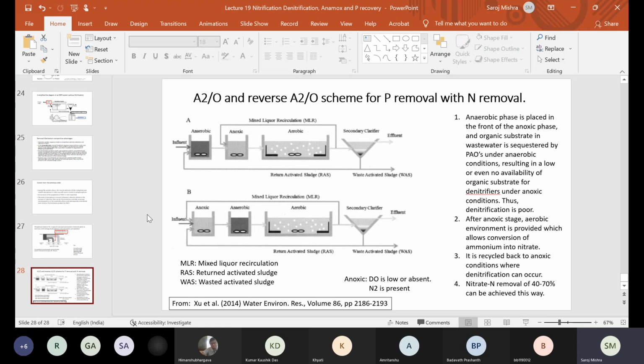With this, we complete our discussion on the nitrification, denitrification, anammox, phosphorus recovery, and simultaneous recovery of nitrogen as well as phosphorus.